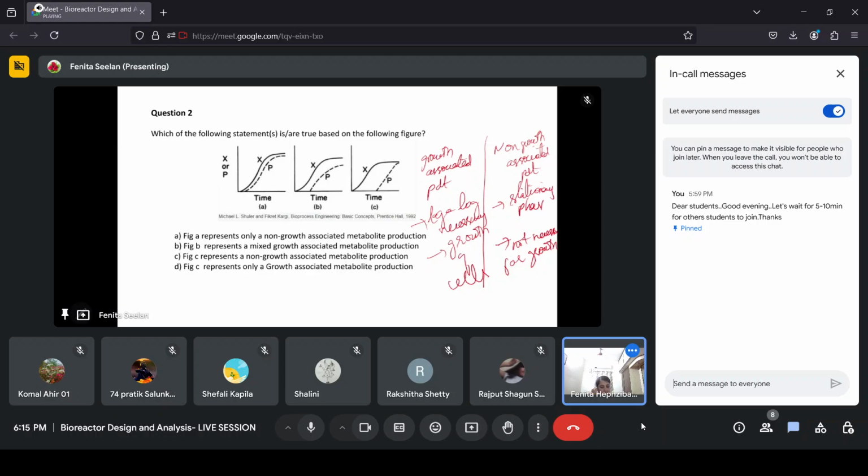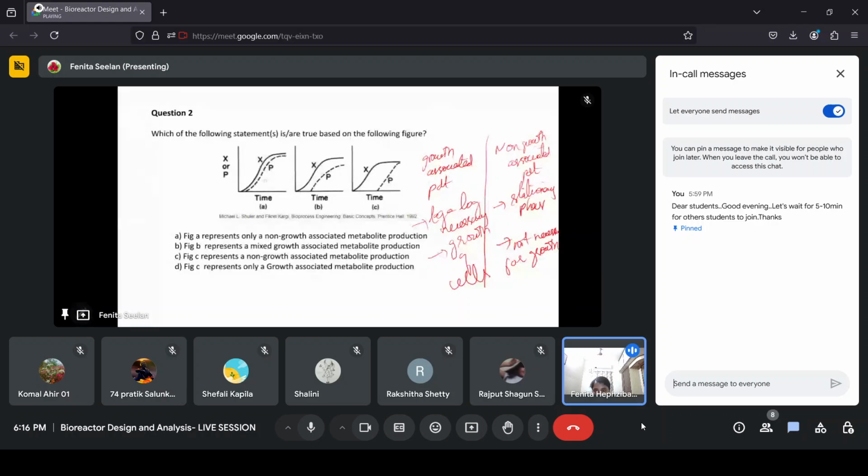So now in the picture you are watching a sigmoid curve, which we call a bell-shaped curve. It is showing the growth phase. From this you can make out the option for this question. So what does A mean? It is showing the graph. The dotted line is for product and X is for biomass.